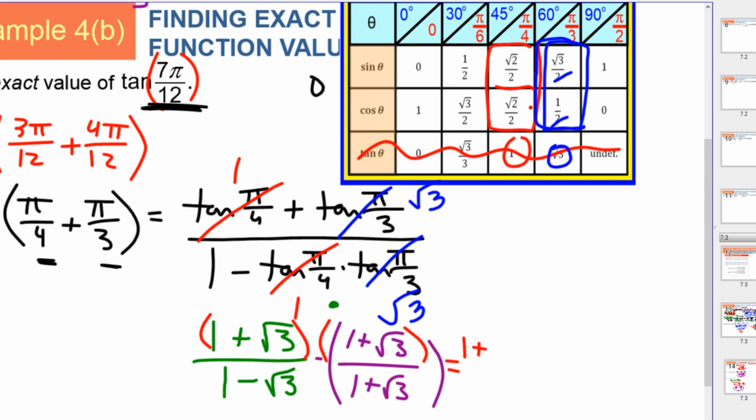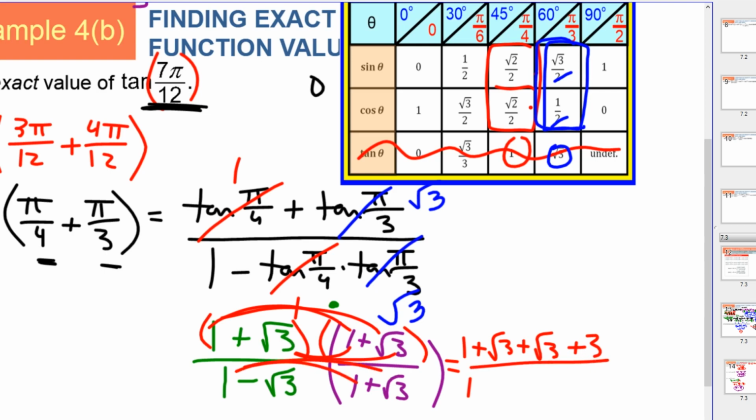We're going to get 1 plus square root of 3 plus square root of 3 plus 3. Square root of 3 times square root of 3 is square root of 9. That's 3. On the bottom, I'm going to do the same thing. 1 plus square root of 3 minus square root of 3 minus 3.